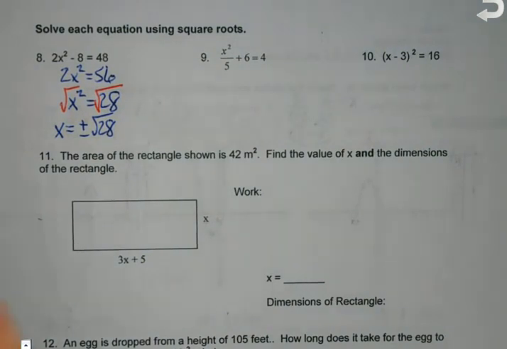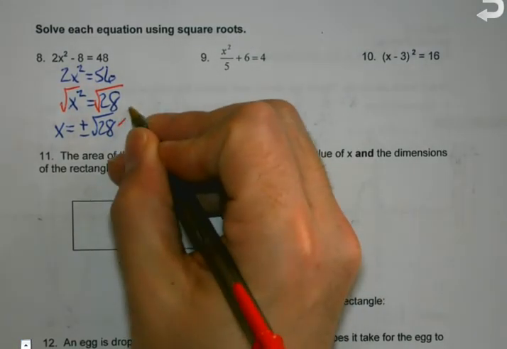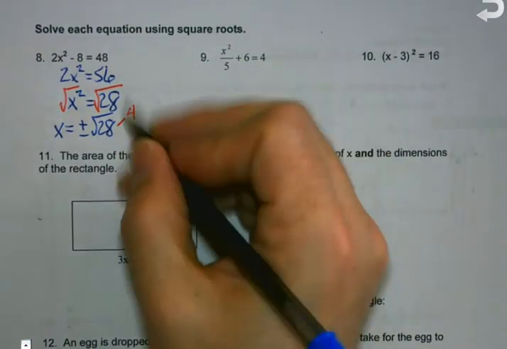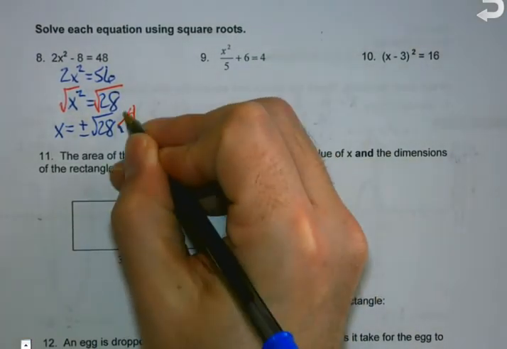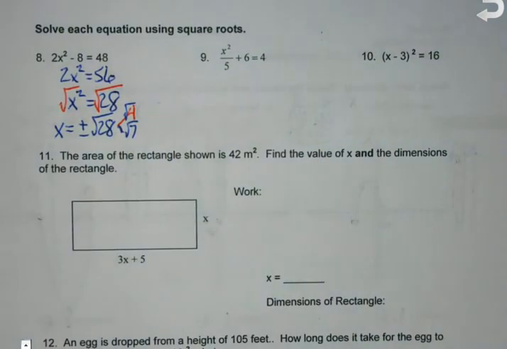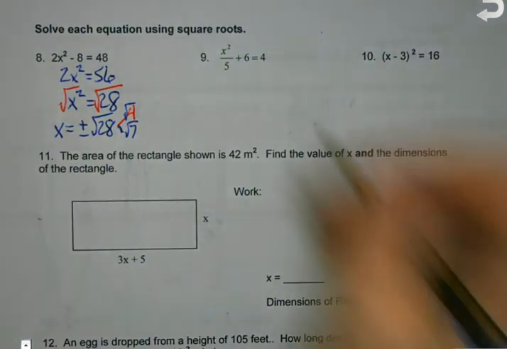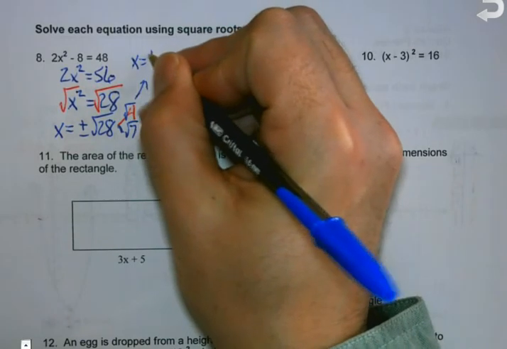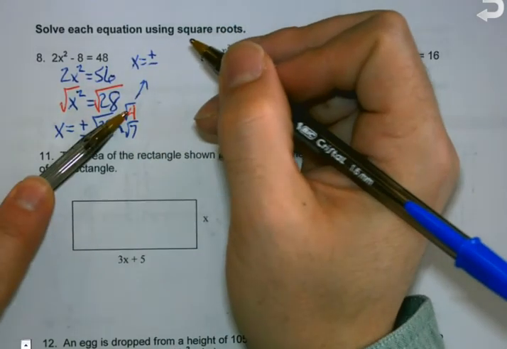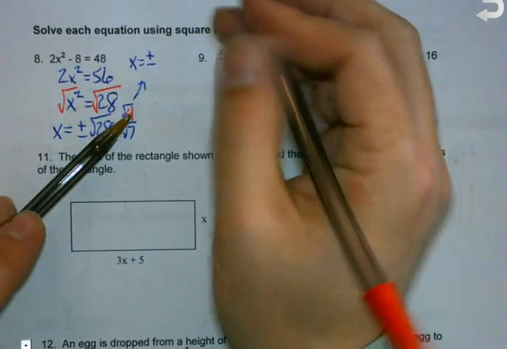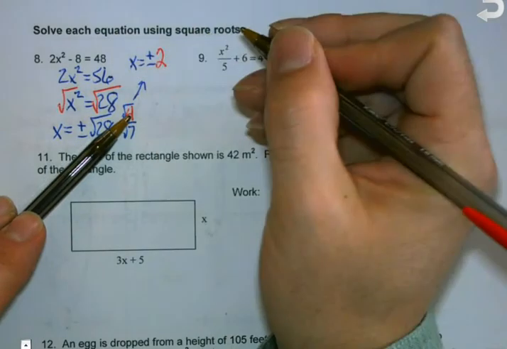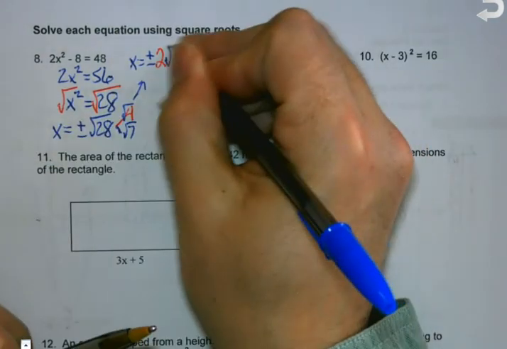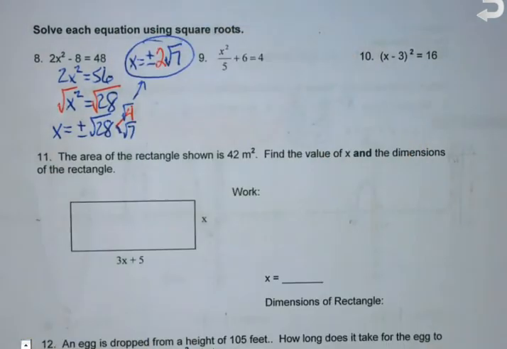If there's a perfect square that's a factor of 28, like 4, we need to break that down. So this becomes plus minus the 4, perfect, it's out of radical jail with its new identity. 7 continues to act irrationally. It has to stay in.